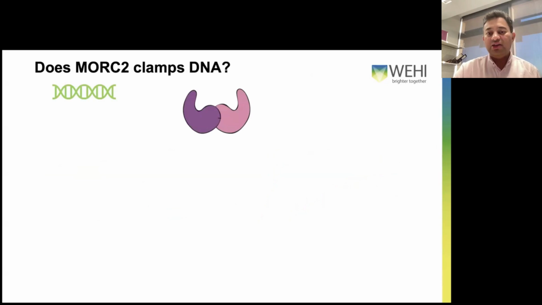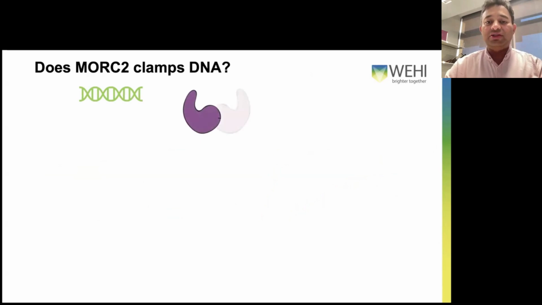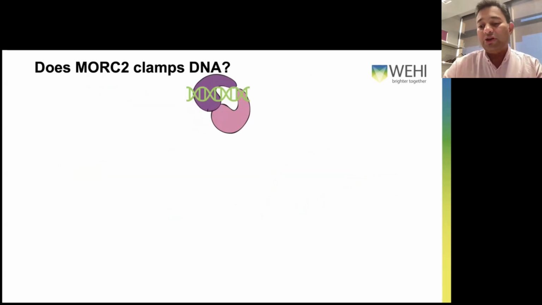We then wanted to understand how MOC2 engages the DNA. In order to do so, we performed an electrophoretic mobility gel shift assay, where we wanted to see whether, if we give the DNA to MOC2, it is going to clamp on it or not. To do so, we took the help of those EMSA gels and used a DNA competition assay.